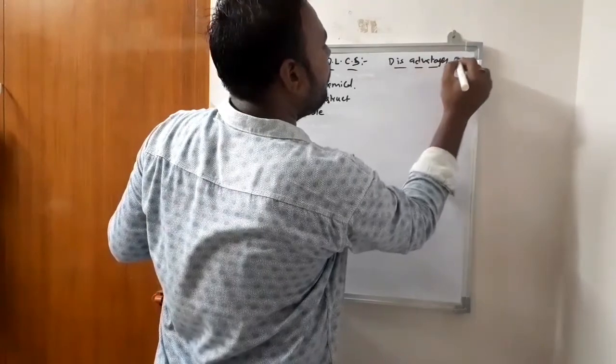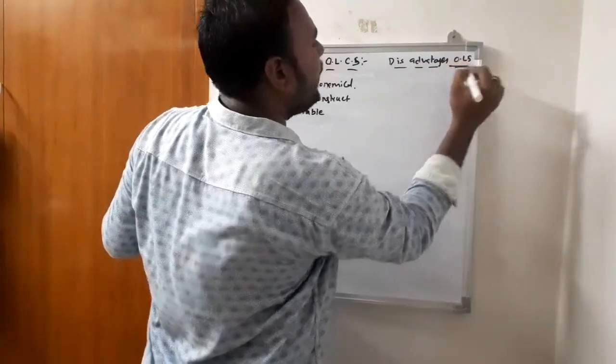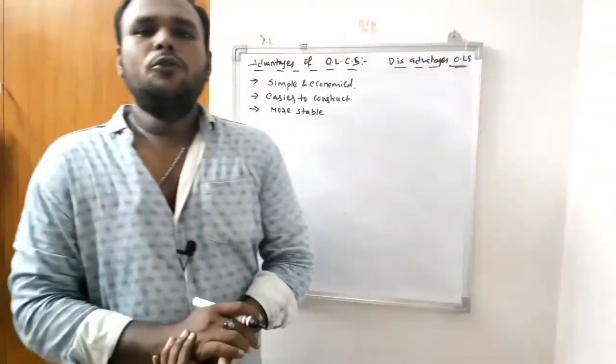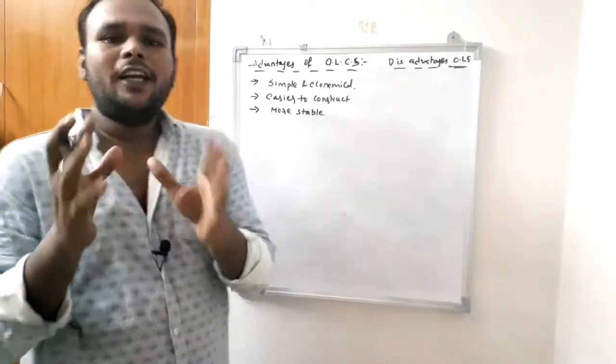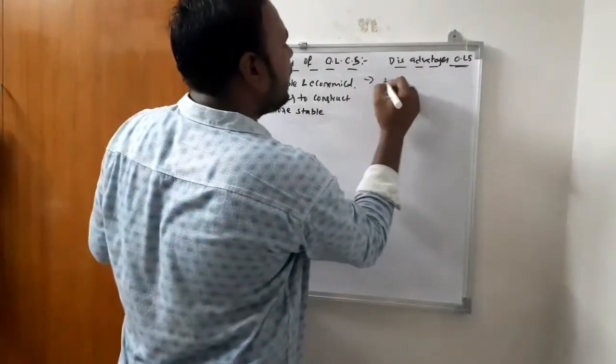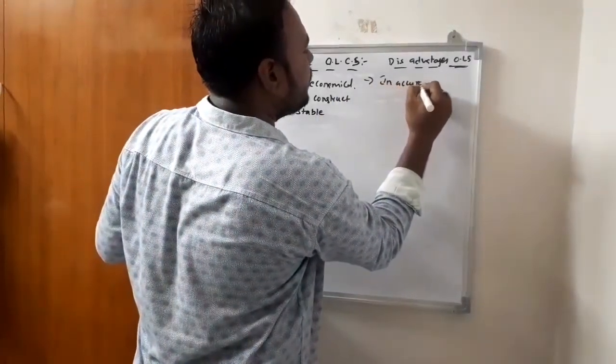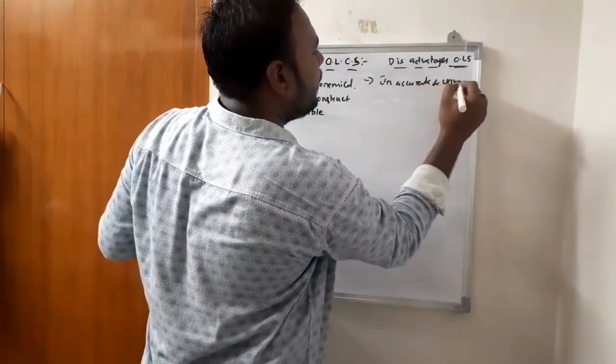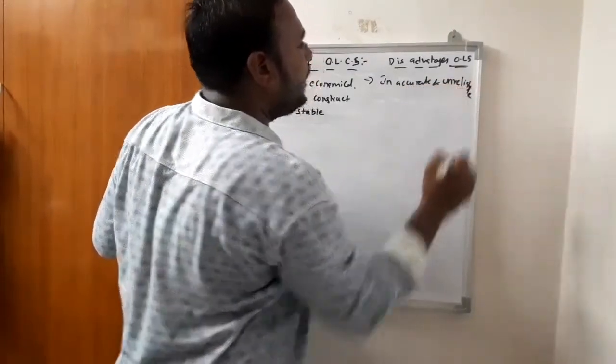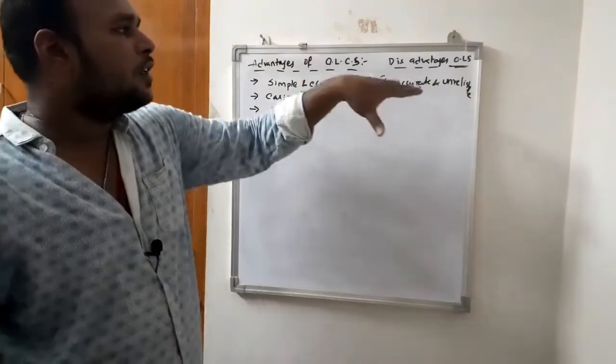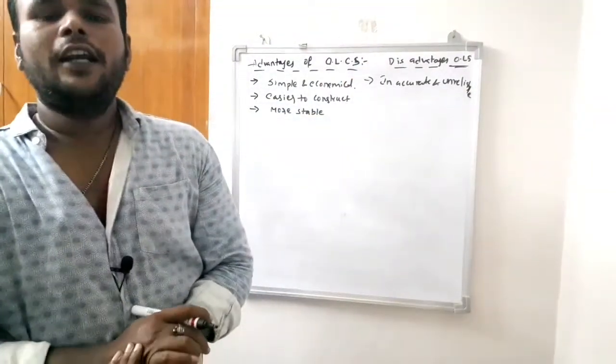of open loop system. The disadvantages of the open loop systems are that they are inaccurate and unreliable.